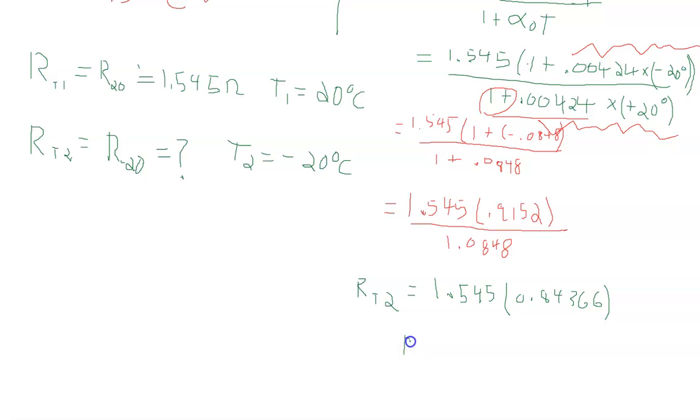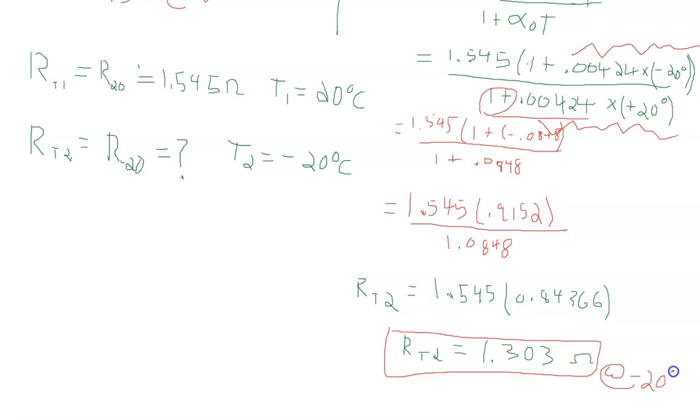And RT2 now comes out to be 1.3 ohms. If I round it to 3 significant digits, 1.30 ohms. And it's actually 1.303 if I want to keep the 4 significant digits. Okay, so remember now that RT2 is at negative 20 degrees C.